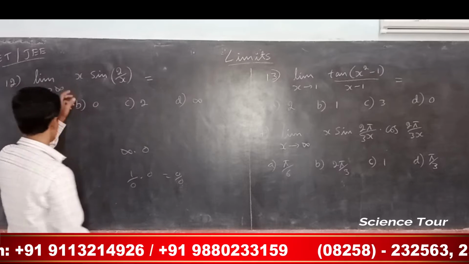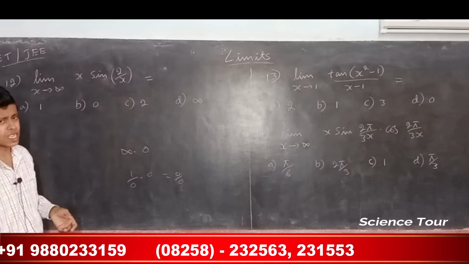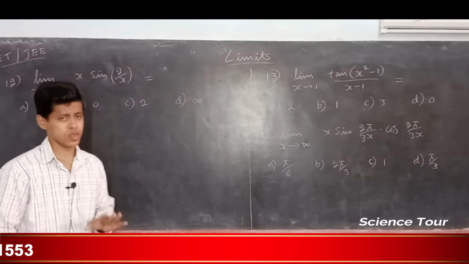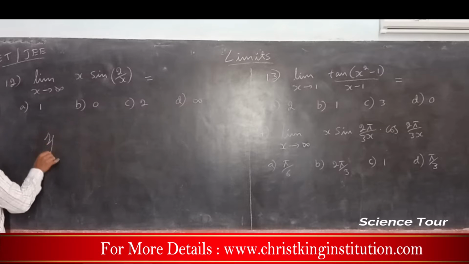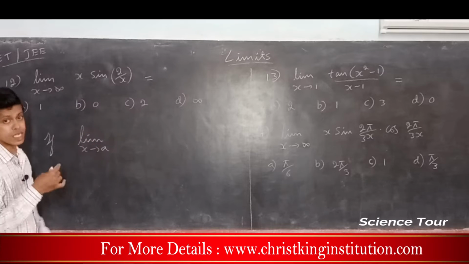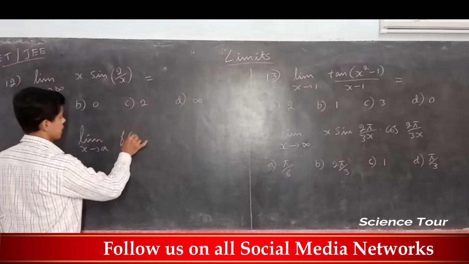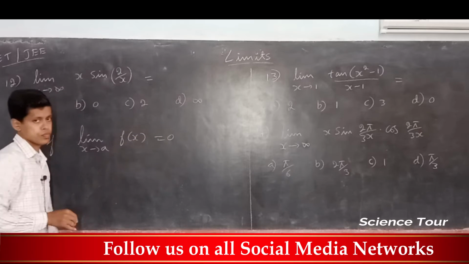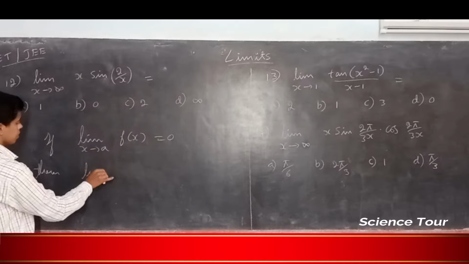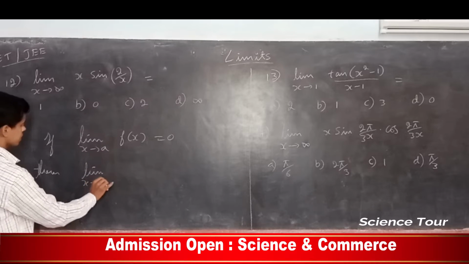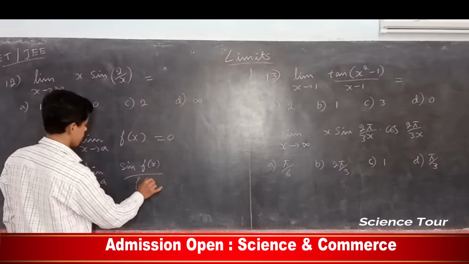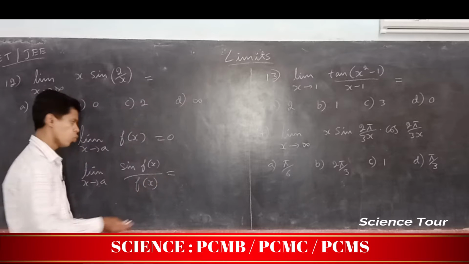So, therefore, this is a different kind of indeterminate form related problem. How do we tackle it? Please understand a formula. If limit as x tends to a, f of x is 0, then the same limit x tends to a sine f of x divided by f of x will be 1.